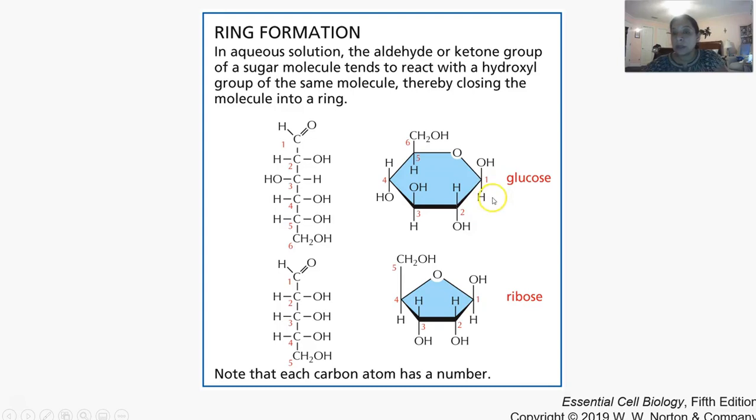This is your first carbon. If you look, right, the carbons are numbered. So the first carbon is what is reacting with the hydroxyl end. So this is your glucose, this is your ribose molecule. So the 6th carbon is actually freestanding on the side.